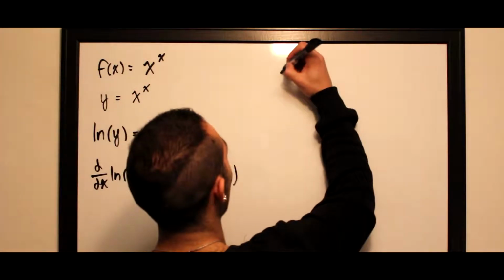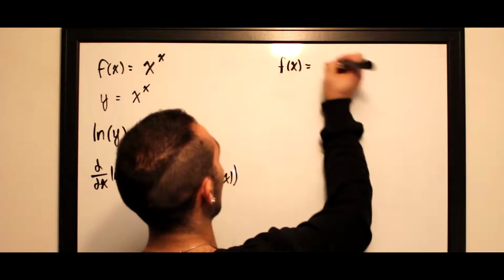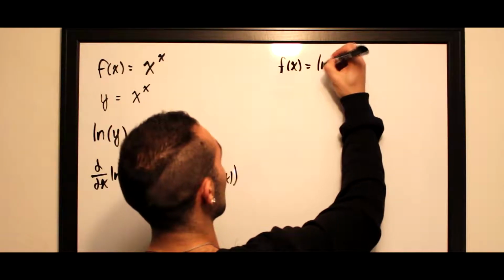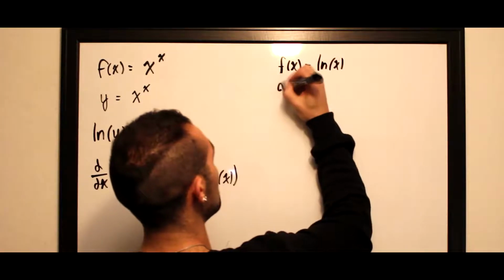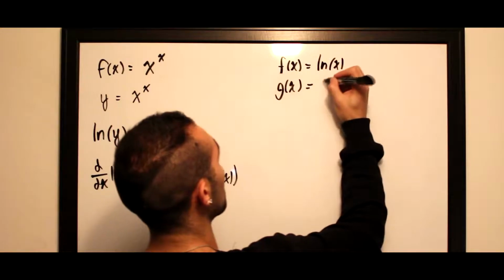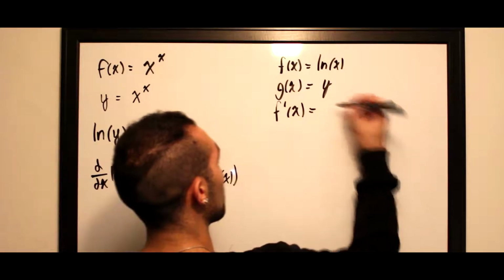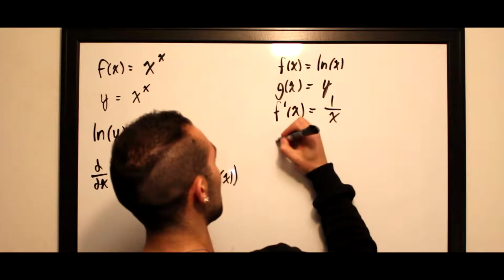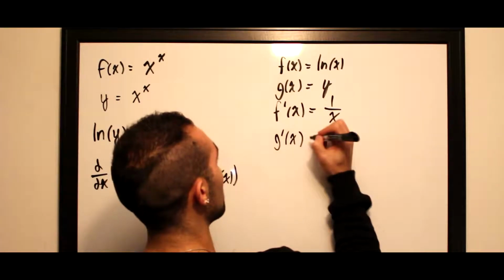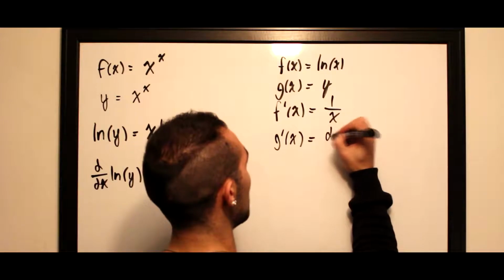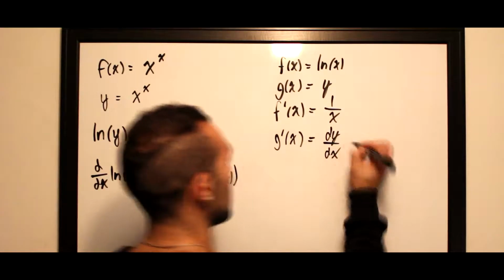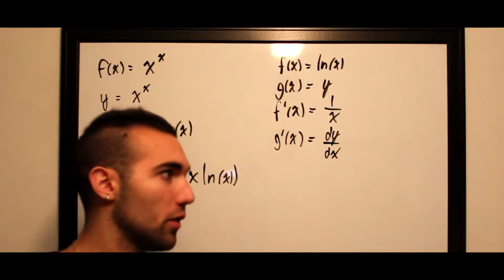So we will have our f, which is our outer function, which is ln of x. G is going to be our inner function, that is y. F prime of x is going to be the derivative of our outer function, which is 1 over x. And our g prime, which is the derivative of our inner function, is dy by dx, or y prime if you prefer.